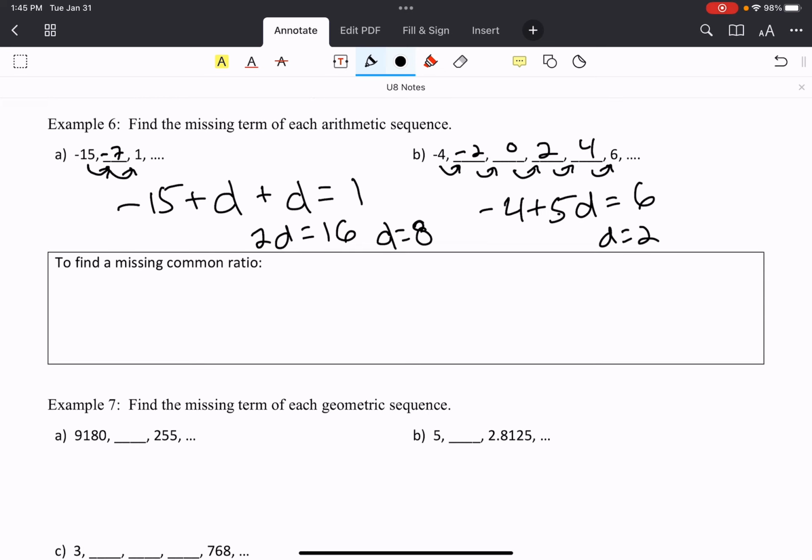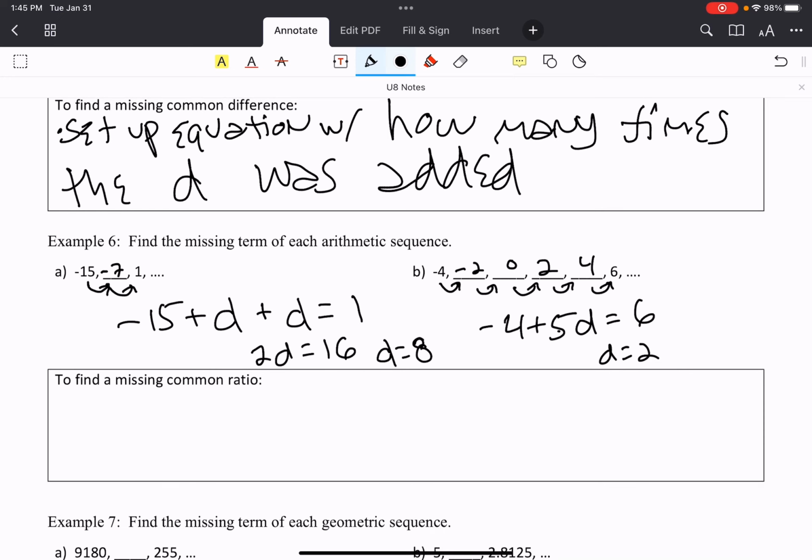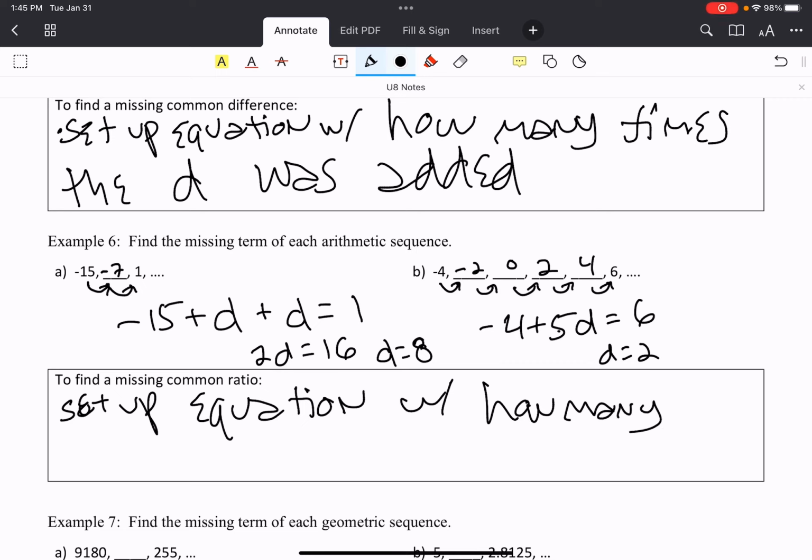Common ratio, similar thing, except I'm not adding the unknown thing each time. What am I doing? Multiplying. So this time when you set up your equation, set up equation with how many times R was multiplied.